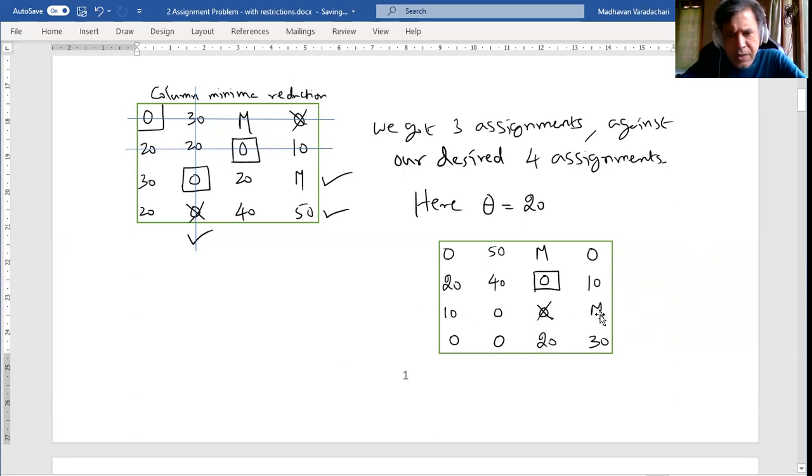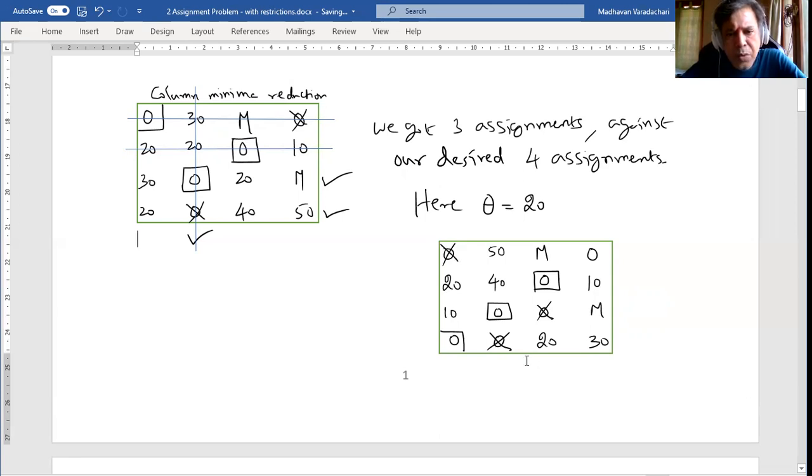Third row, there is a single 0 now, assign it. Since I assigned this, any other 0 in that corresponding column needs to be crossed, so I need to cross this. Last row, is there a single 0? Yes, assign it. Since I assigned here, any other 0 in the corresponding column needs to be crossed, this will be crossed.